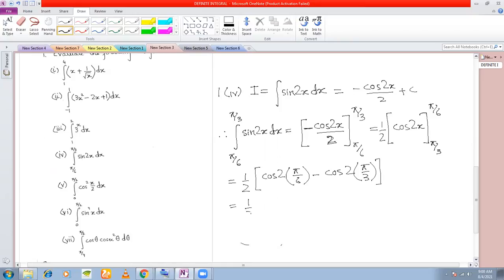which is equal to half cos pi by 3 minus cos 2 pi by 3, which is equal to half cos pi by 3, and cos 2 pi by 3 is an obtuse angle. You can convert it to an acute angle by writing 2 pi by 3 as pi minus pi by 3.